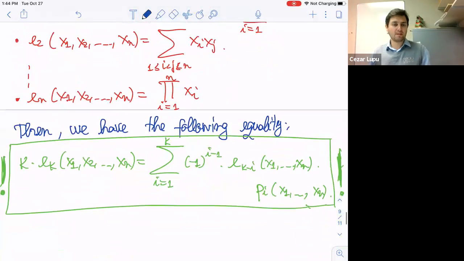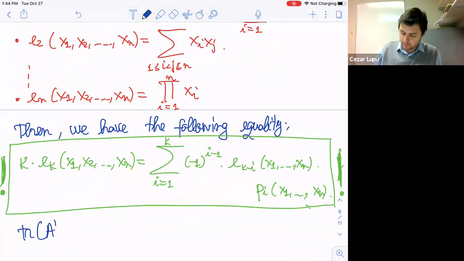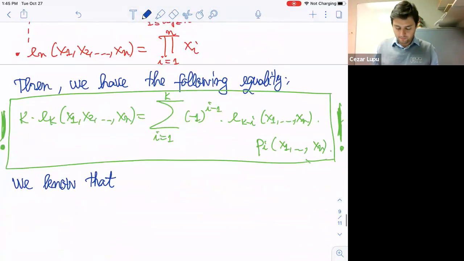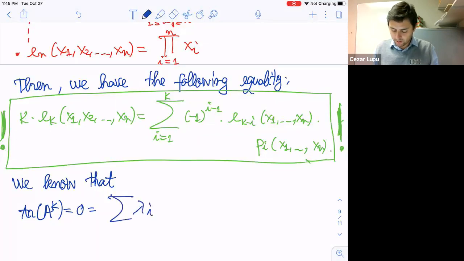Again, by the same token, we know that the trace of A to the power k is 0, but this is also the sum of lambda_i to the power k with i from 1 to n, right?